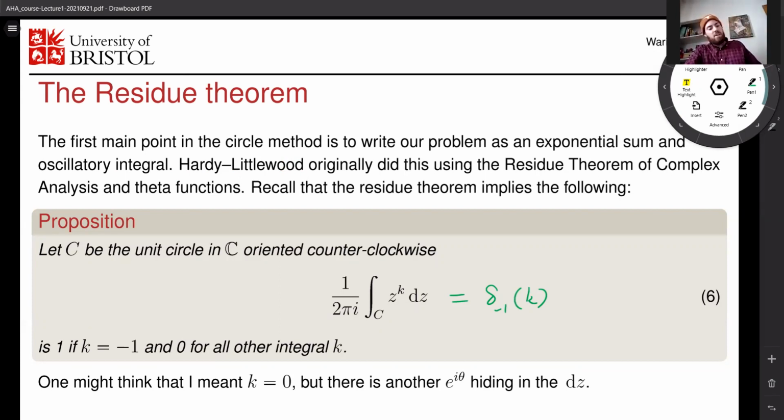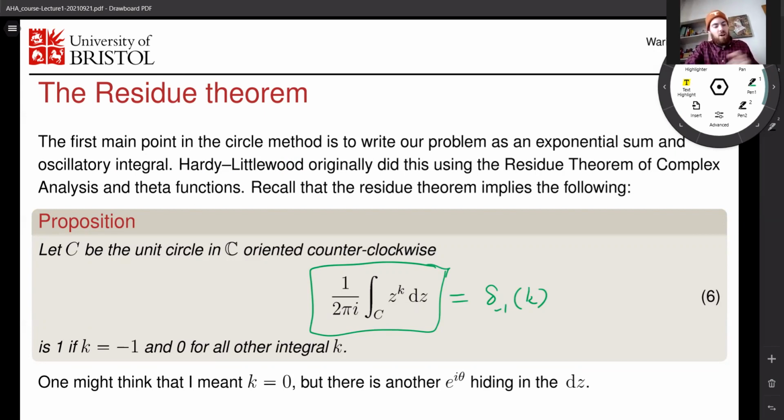You only have a residue if you have a 1 over z type term, or 1 over z minus a, and you get a residue at a. If I take a circle, say the unit circle in C, and I orient it counterclockwise, then this complex analytic integral is equal to 1 when k is -1, and it's 0 otherwise for any other integral k. Of course, the integrand doesn't make sense for arbitrary non-integral k.